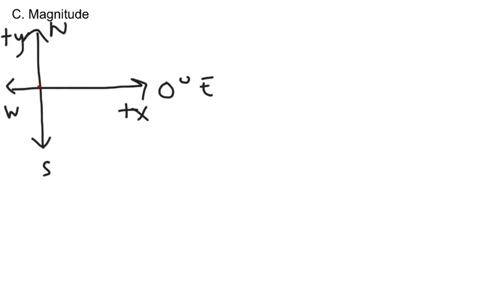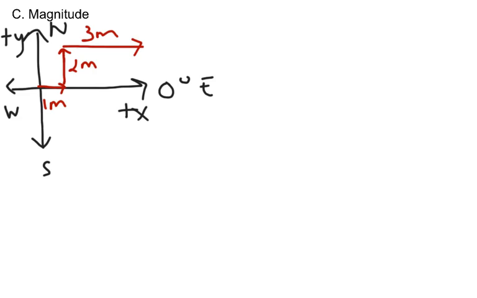Let's say I have someone walking a displacement of 1 meter to the east. Then they walk 2 meters north, and then they walk 3 meters east. What is their total displacement?